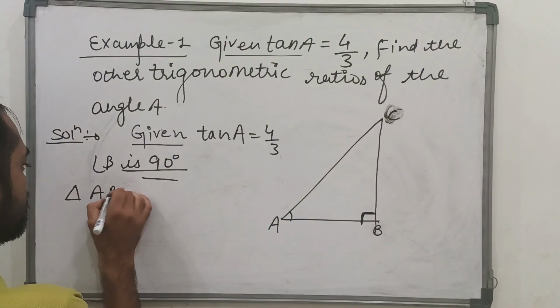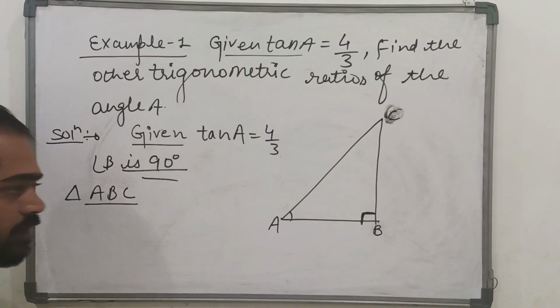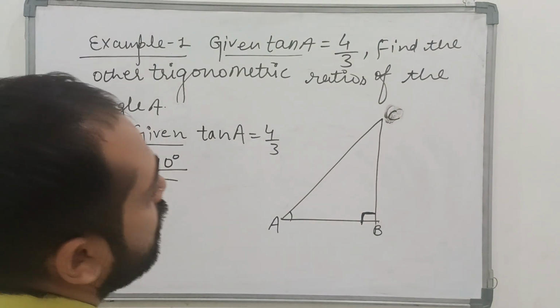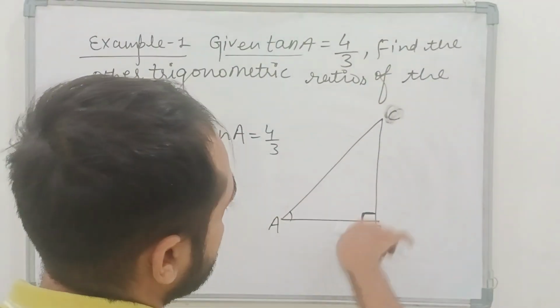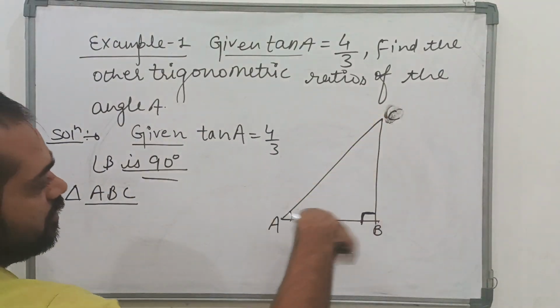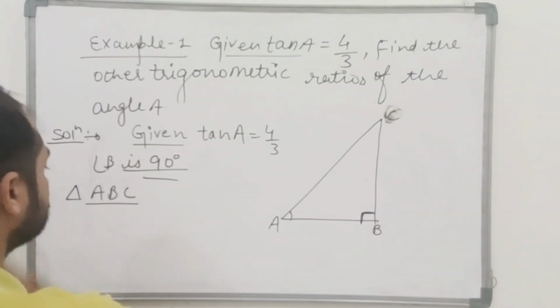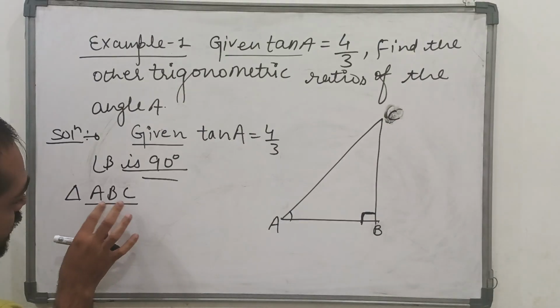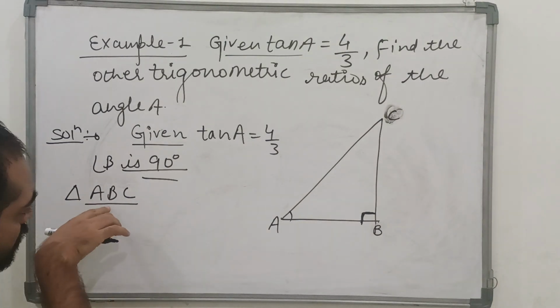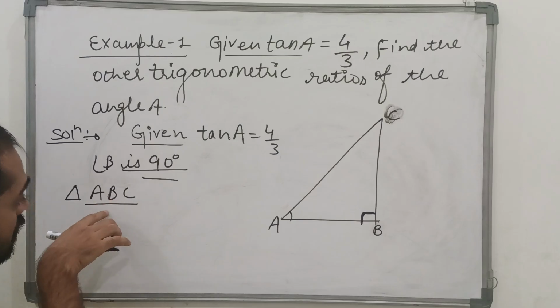If we write triangle ABC like this, then the point in the middle is the angle we can find.